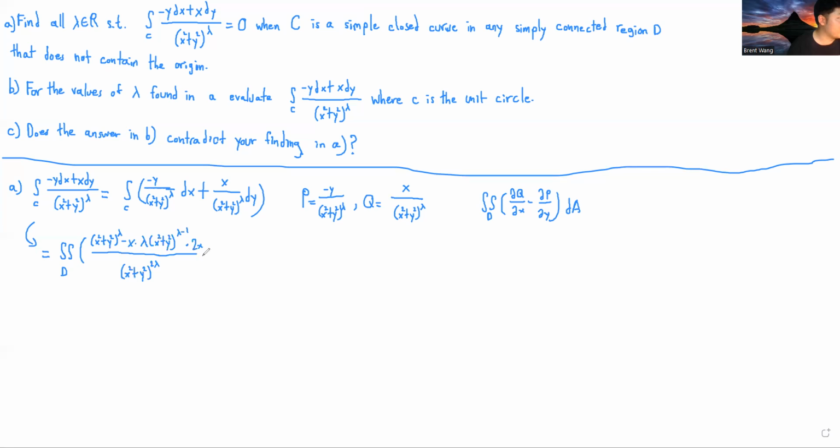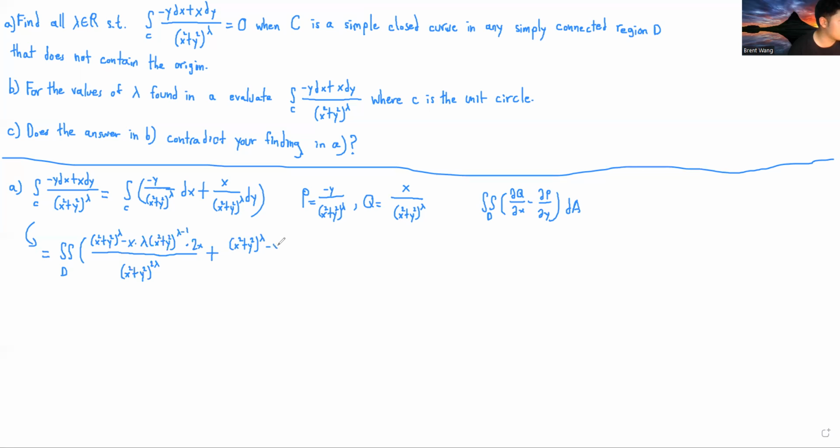Now, we need to minus dp dy, but minus becomes plus, so I'm just going to write a plus here. And okay, so we can imagine we take away this negative sign, so we have x squared plus y squared to the power of lambda again. Let me think.